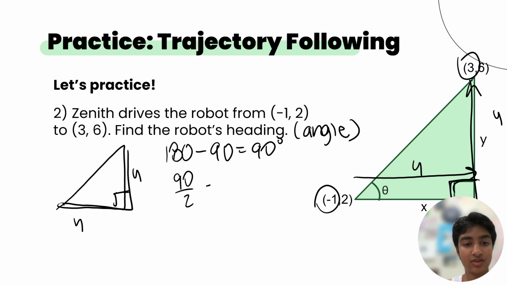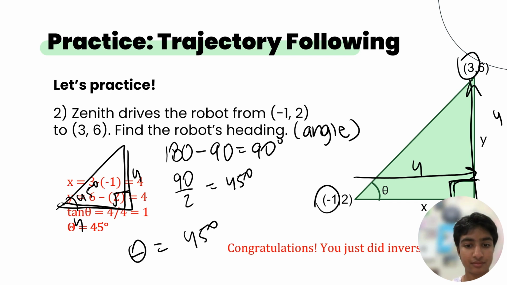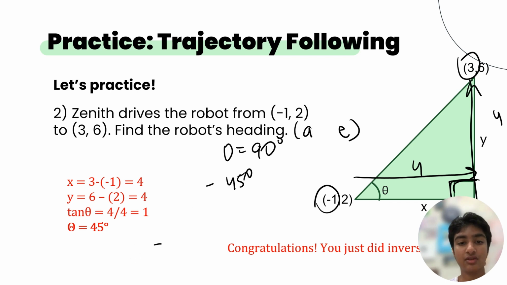So you just divide by 2 and you get 45 degrees. The robot's heading, or theta, the angle, is 45 degrees. There. That's basically all we do. And in fact, you can actually use inverse tangent on this as well. So you can use the tangent ratio.